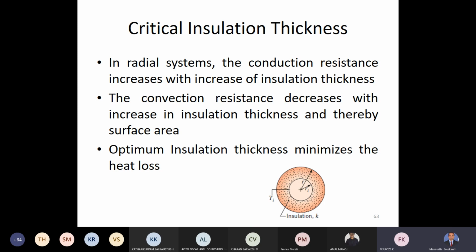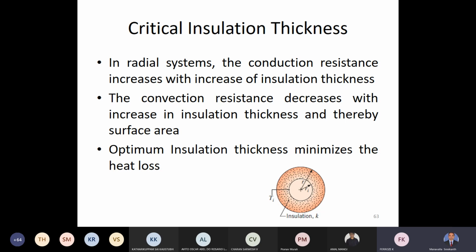Similarly, we have electric cables. A bare electric cable is a risk because electricity gives you shock. Therefore, we have to cover it with some insulation. Insulation on an electric cable will protect you from shock. But as electricity passes through the cable, heat is generated, and that heat has to be removed.